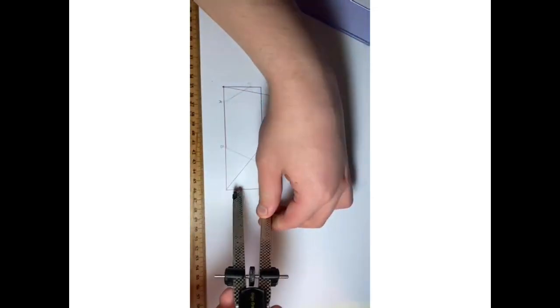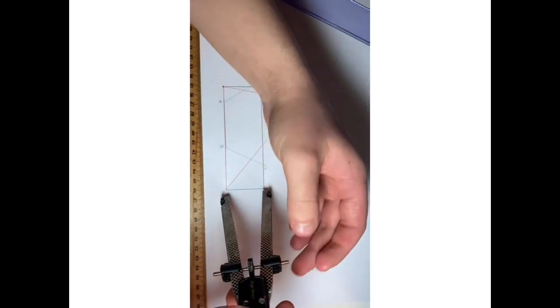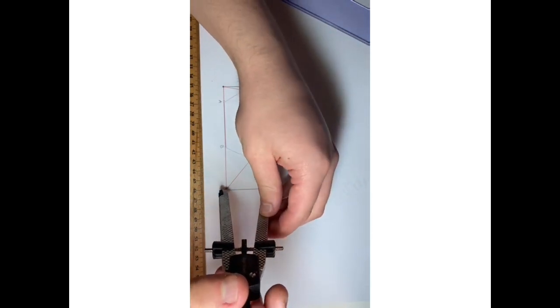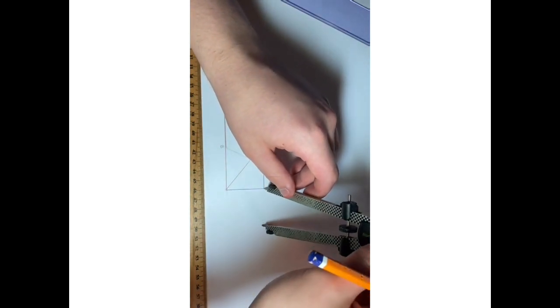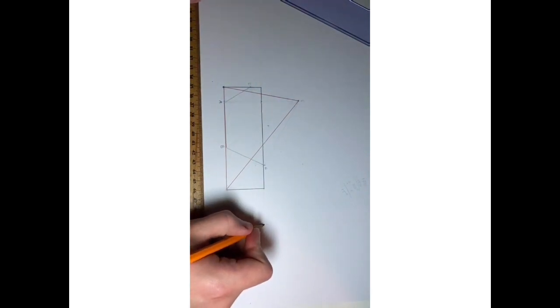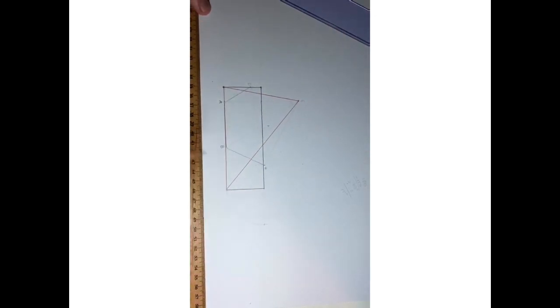And we get our compass, with the needle of the compass at the corner of the rectangle and the length of the compass as the height of the rectangle, and I can swing an arc there until it cuts that line. Where that point cuts that line, that point to this point is now all one line.